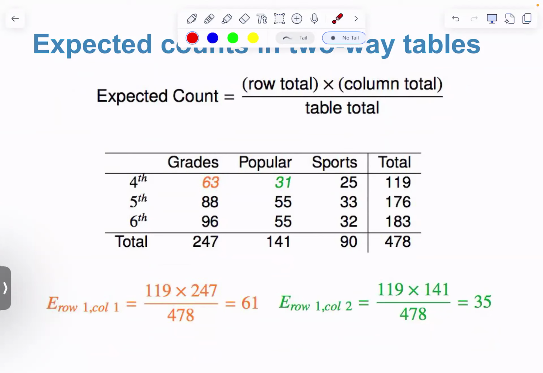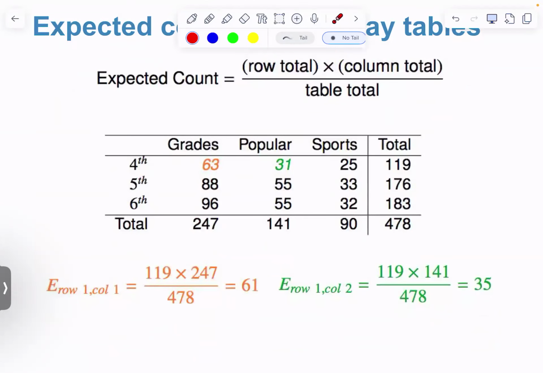Kind of larger, non-issue ones. I should have just put zeros on all those numbers earlier. Well, we wouldn't have a problem. For the green cell, row total 119 times the column total 141 divided by the grand total 478. And then you would keep going and find these expected counts for all of these.